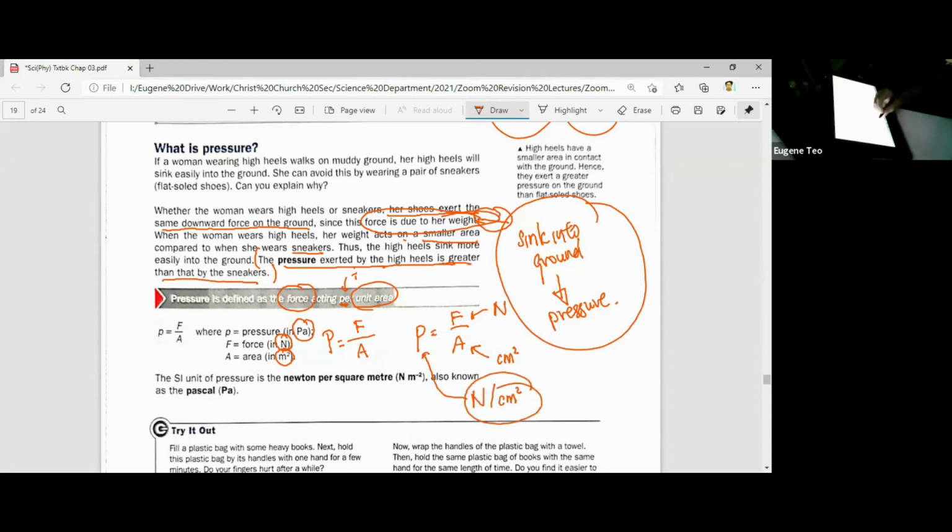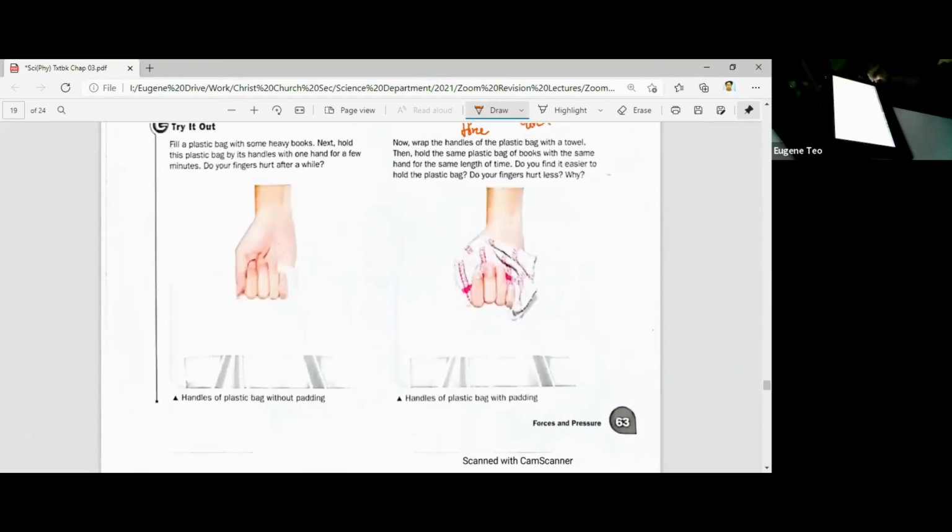Pressure need not always be in Pascal. Pascal is the SI unit. But it is possible for pressure to be Newton per cm squared, because Newton is still force and cm squared is still area. It's just that you're not using the SI unit. So please take note of this.